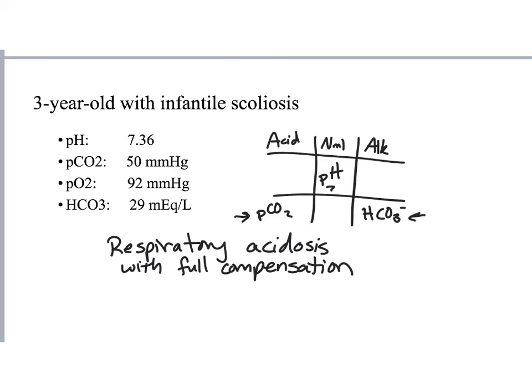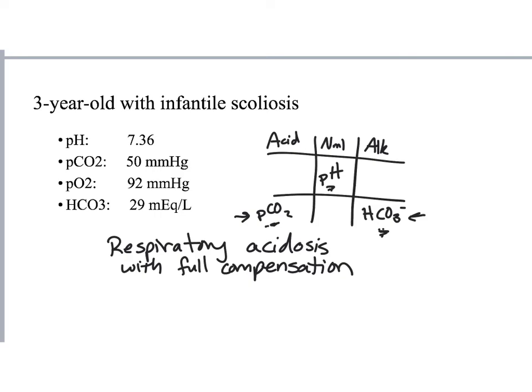So what we have is our two indicators, our respiratory indicator and our metabolic indicator, pulling in opposite directions. So this is full compensation because the pH has ended up back in the normal range. So then how do I know whether it's respiratory acidosis or metabolic alkalosis that has been fully compensated?